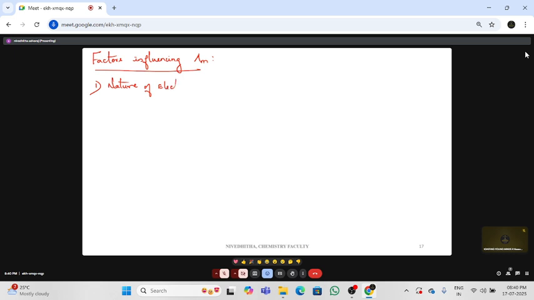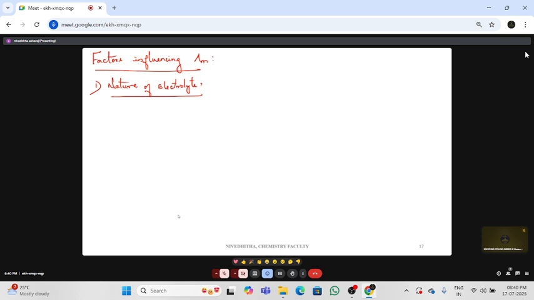What is an electrolyte, first of all? Anode and cathode? That is electrode. Electrodes are anode and cathode, but an electrolyte can be a solution.